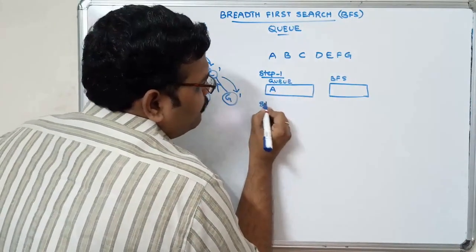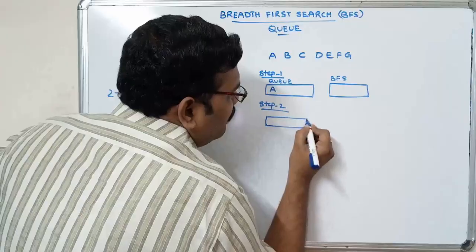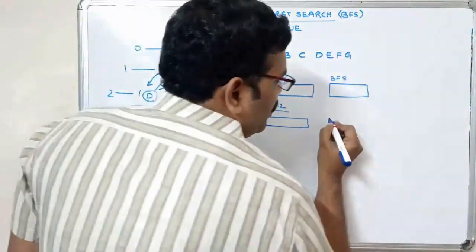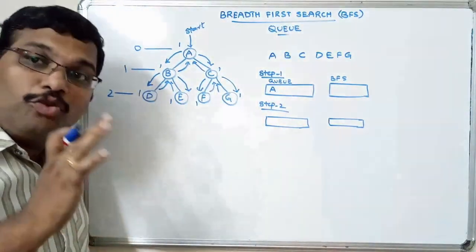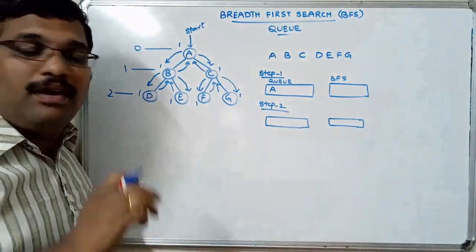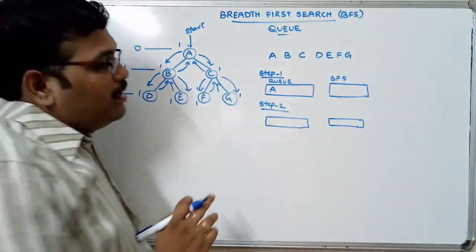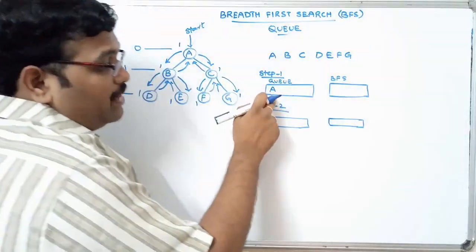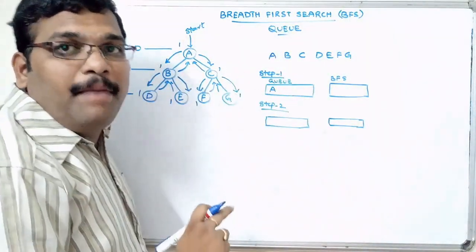Step 2, remove the element from the queue and place it in BFS. As it is a queue, deletion will be from the front end and insertion will be from the rear end.